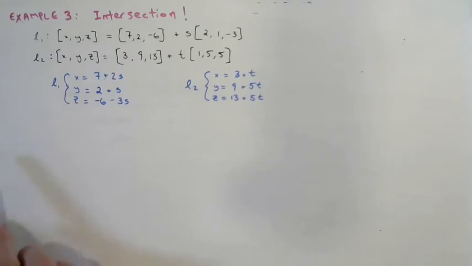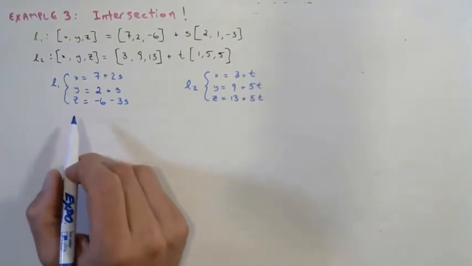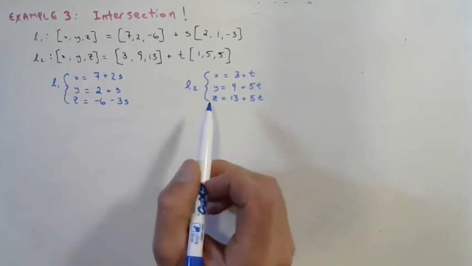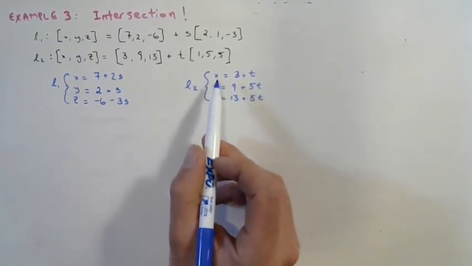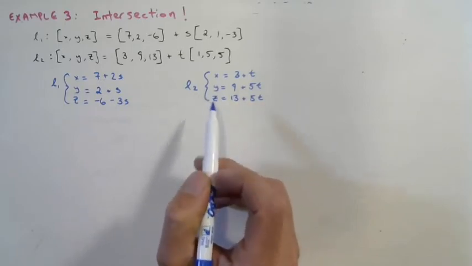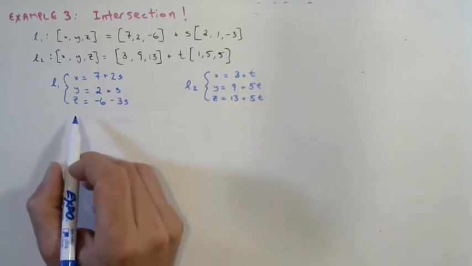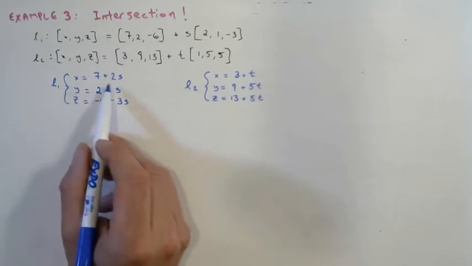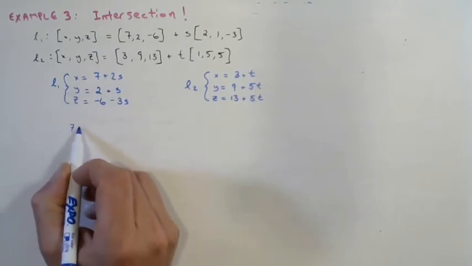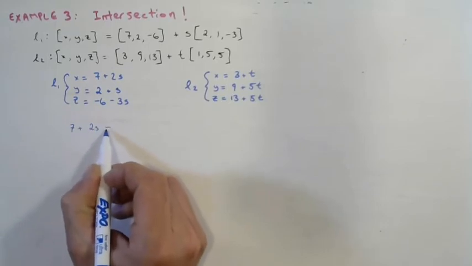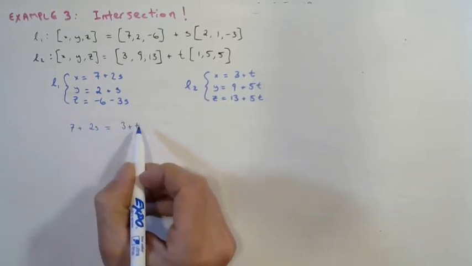All right, now that we have these equations, we have an equation for x in both lines, an equation for y in both lines, an equation for z in both lines, and this x, y, z at one point in space is going to satisfy line 2 as well. So I'm going to equate my coordinates. My x coordinates are going to be 7 plus 2s equals 3 plus t.